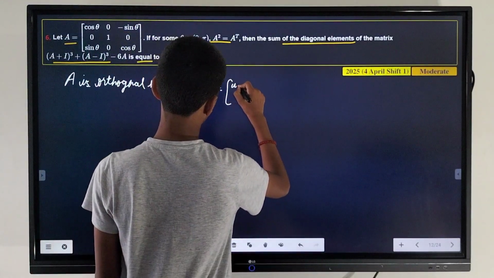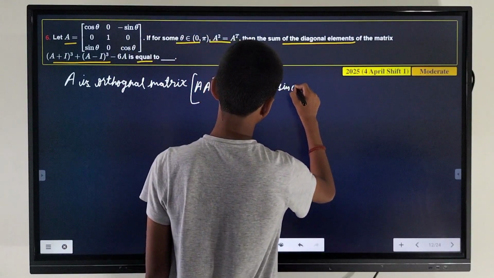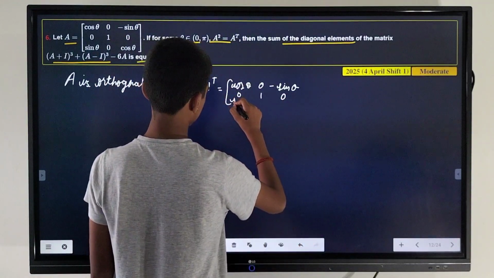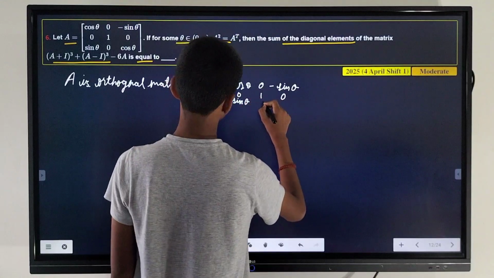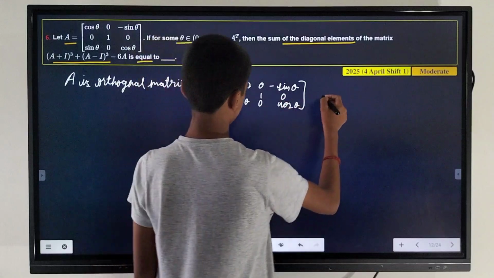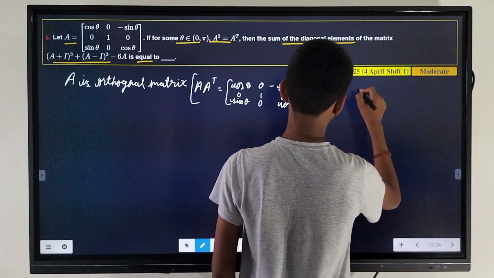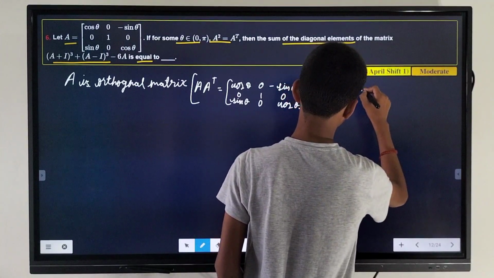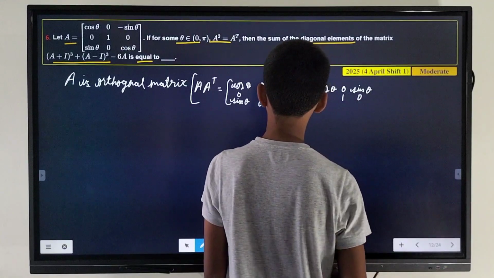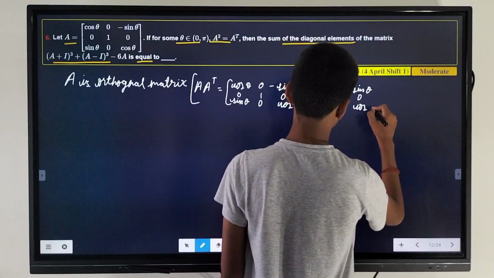A is cos theta, 0, minus sin theta, 0 1 0, sin theta, 0, cos theta, into the transpose of this: cos theta, 0, sin theta, 0 1 0, minus sin theta, 0, cos theta.